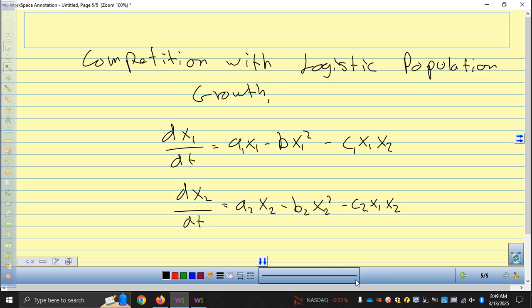So what we do in the homework with these nonlinear models is you're just given a model and some initial conditions, and then you're looking at the solution curves and talking about the form of the solution. I asked you some questions about the comparison between the two competition models.